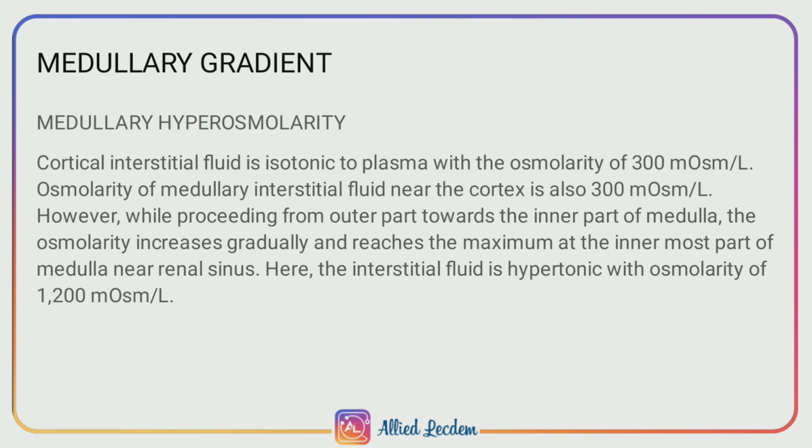The interstitial fluid is hypertonic with an osmolarity of 1200 milliosmol per liter. This type of gradual increase in the osmolarity of medullary interstitial fluid is called the medullary gradient. It plays an important role in the concentration of urine.